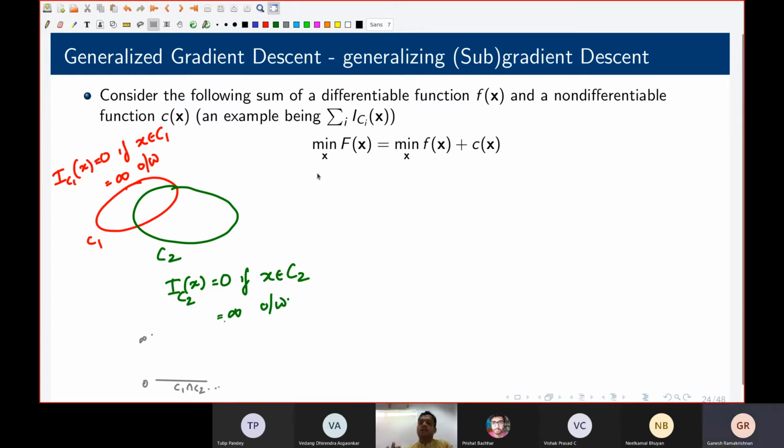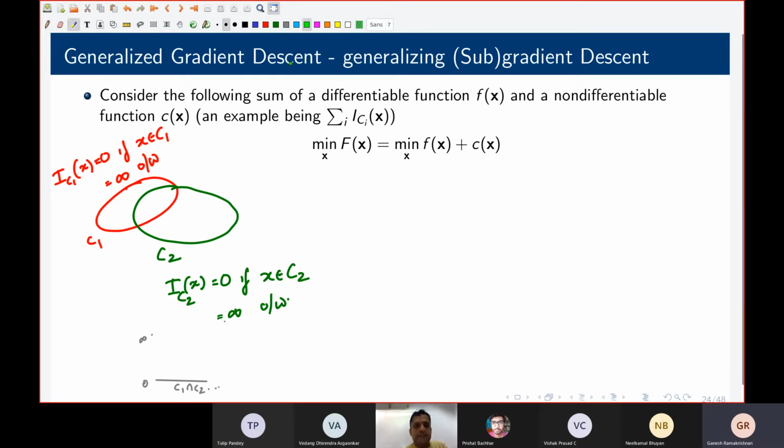So now, just because c is not differentiable, c is some constraint, will you now put up your hands and say, oh, I can't differentiate? That's the whole point. Can we be a little smart here? You all know that a rope is as weak as its weakest link. So our I_Ci is like our weakest link here. But we don't want the whole show to be pulled down because of our weakest link. Let's look at the strong link.